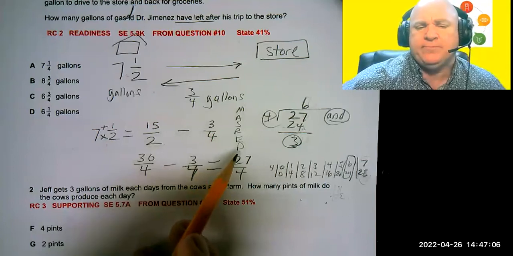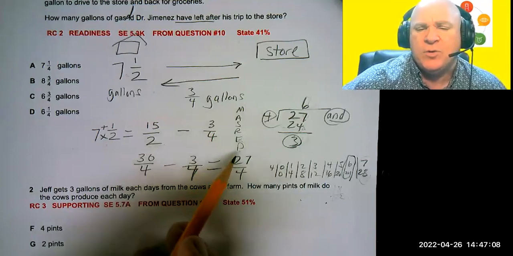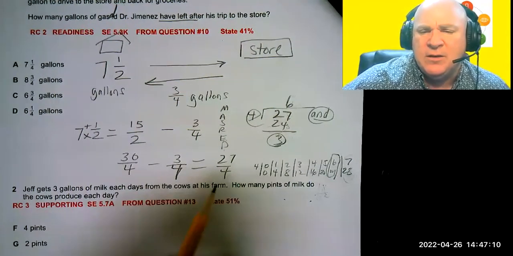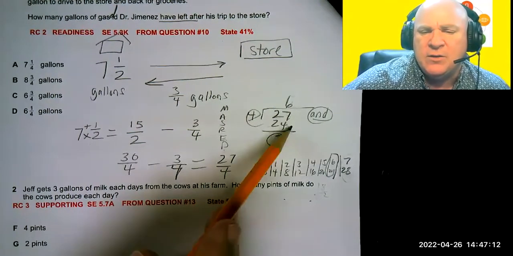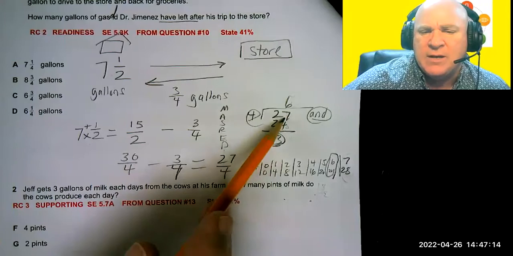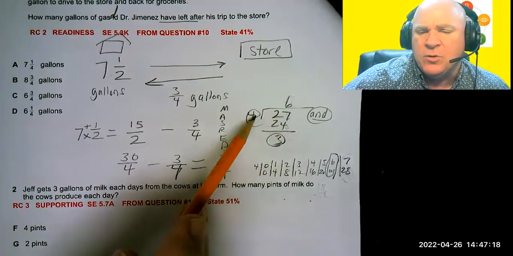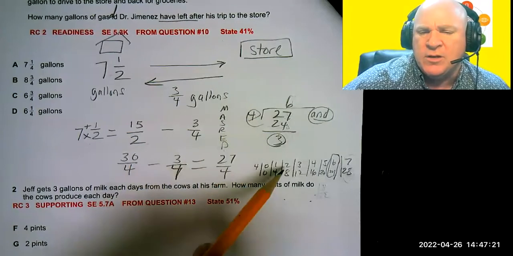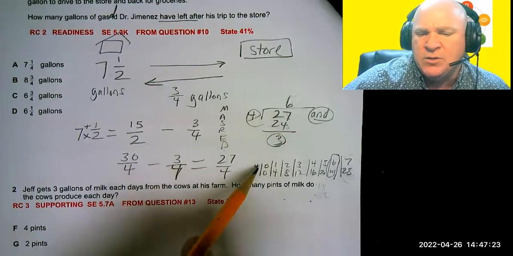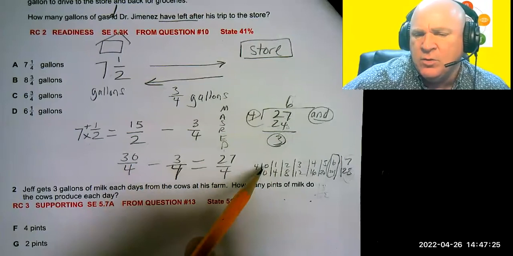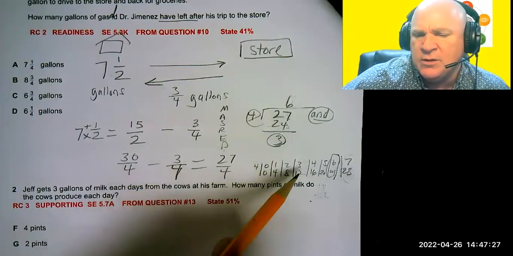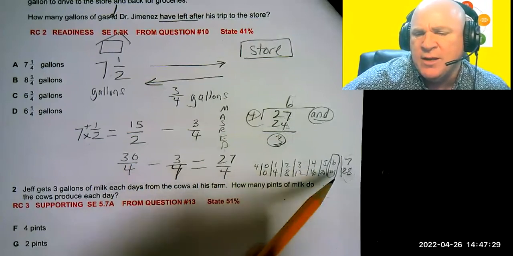So here's our 27 in the dividend. The dividend goes in, the divisor comes out, divided by 4. And so what you multiply goes on the top, 4 times something until you get to 27 or higher. And so there is 4 times 7 is 28.